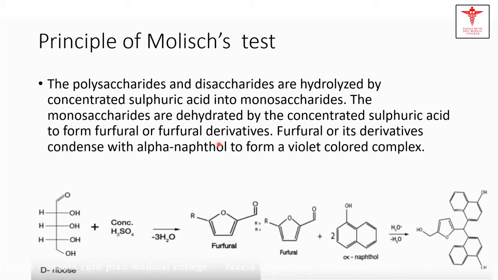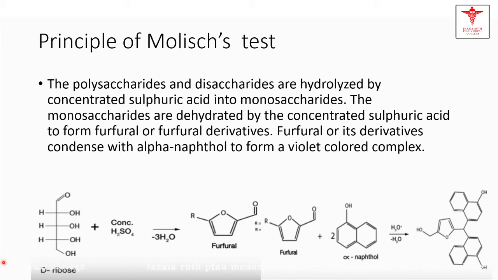Now these furfural derivatives will get condensed with alpha naphthol to give a violet colored complex. This violet colored complex produced in the test tube will be our observation, and we have to get an inference from this, and that inference will be that the given sample contains a carbohydrate.